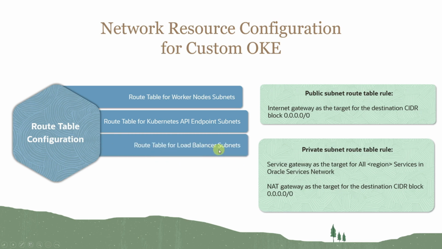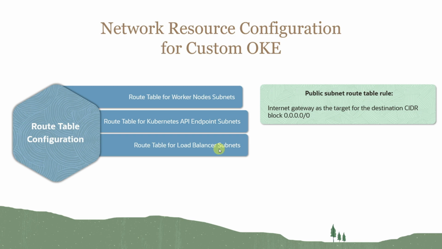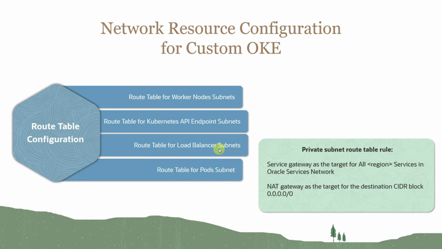For load balancer subnets, just like the worker nodes, create a route rule targeting the internet gateway for 0.0.0.0/0. For private subnet, in this case, you can leave the subnet route table empty. Lastly, talking about route table rules for pod subnet. For the pod subnets, basically when using the OCI VCN native pod networking CNI plugin for pod networking, pods go in a private subnet.